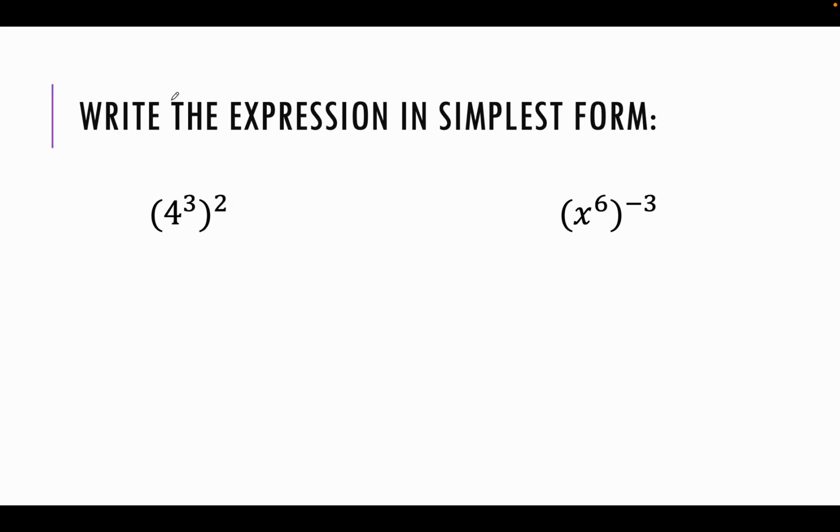Let's take a look at a couple simple examples before we try the harder ones in your notes. 4 to the third power raised to the second power would be 4 to the sixth power. X to the sixth power raised to the negative third power would be x to the negative 18th power, or 1 over x to the 18th power with a positive power.